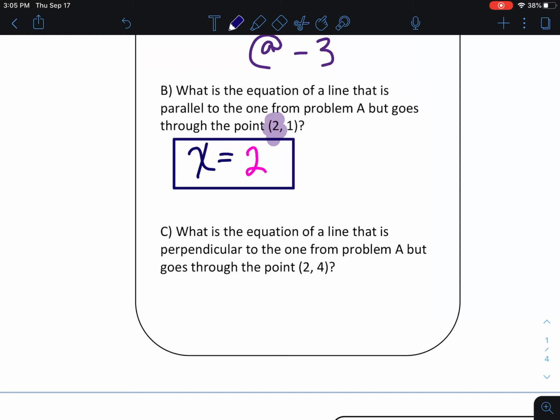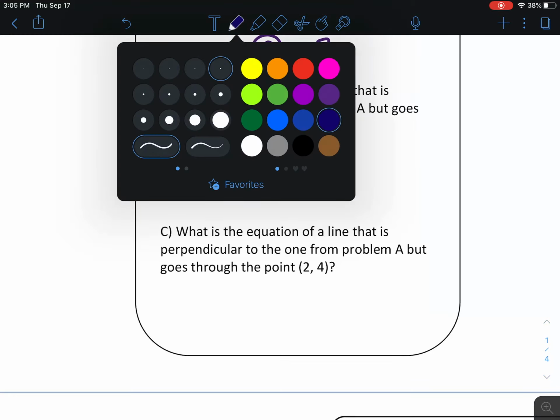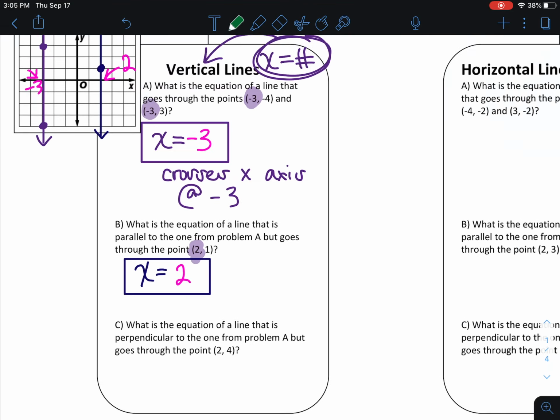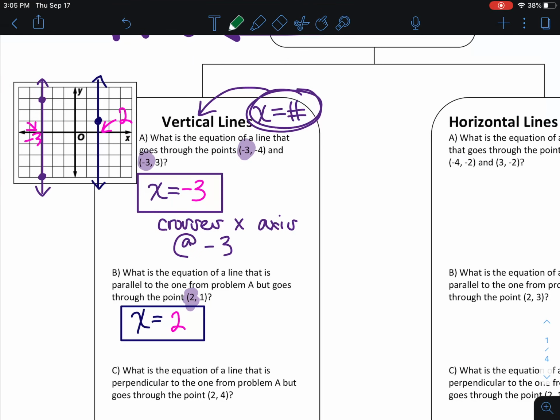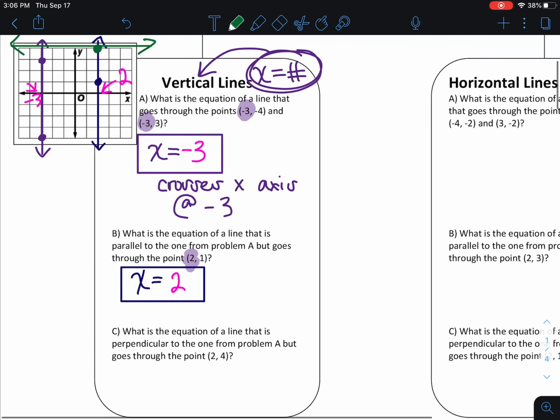What is the equation of a line that is perpendicular to the one from problem A but goes through point 2, 4? So let's look for point 2, 4. That's way up here, 2 to the right, 4 up. Now we need it to be perpendicular. Perpendicular lines make 90-degree angles. So this line is horizontal because it's perpendicular to the vertical line.